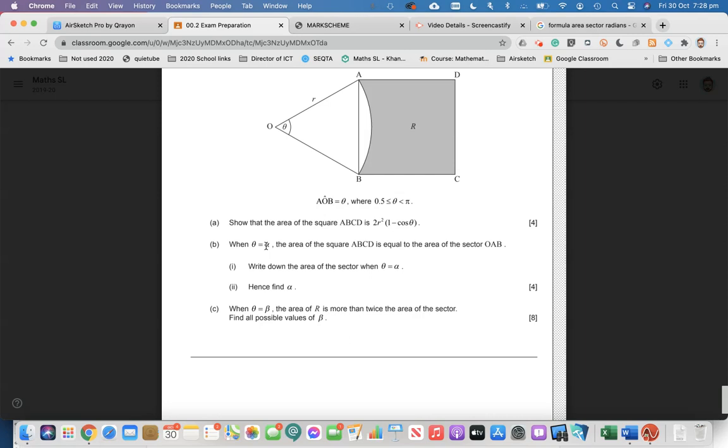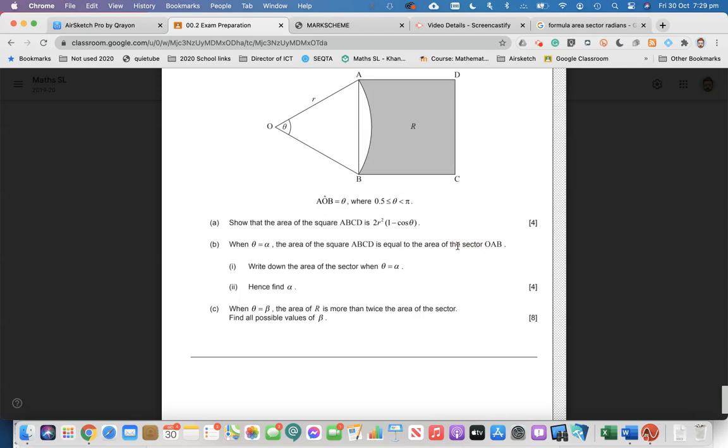And saying when it does equal this value alpha, the area of the square ABCD, okay, cool, we know what that is. We've got an expression for it, is equal to the area of the sector OAB.